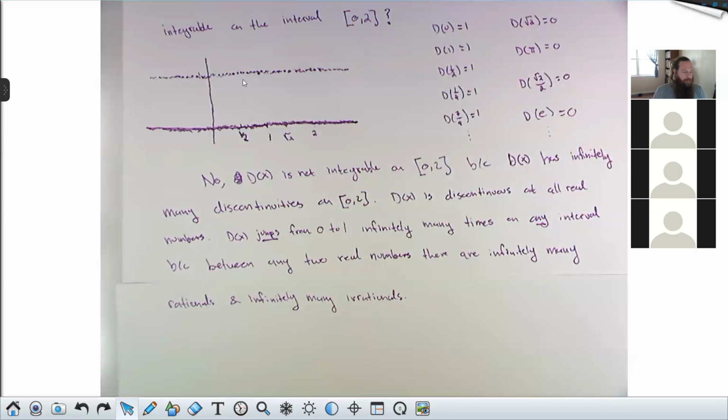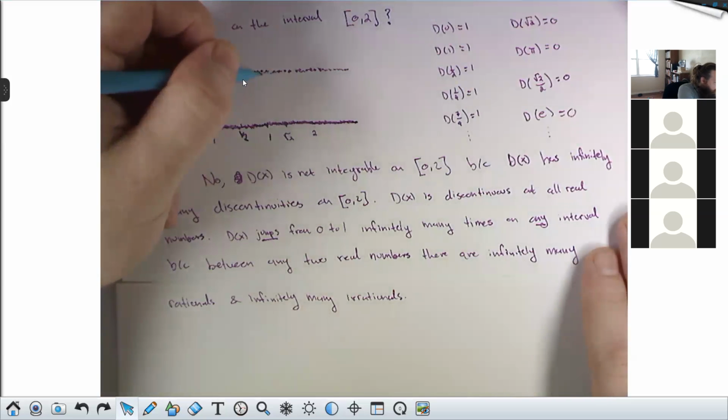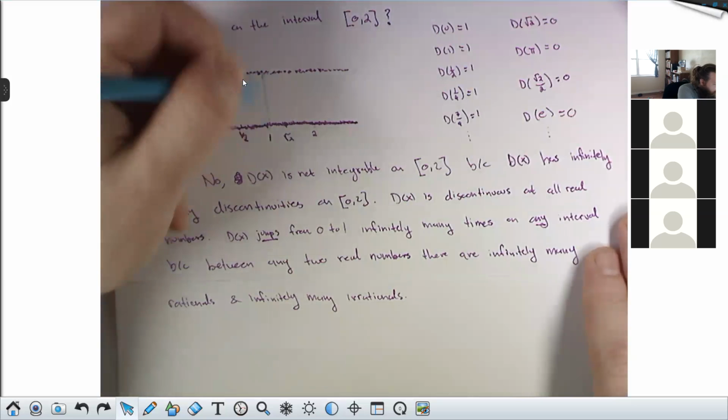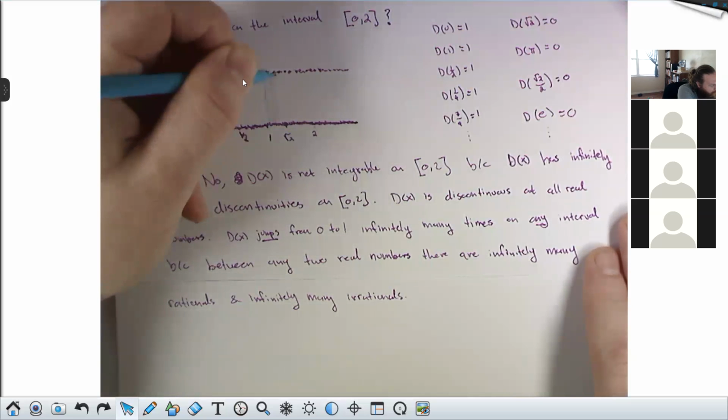If you wanted to try and picture the area, I don't encourage you to draw what I'm about to draw, but if you try to picture the area, it would look like dropping down from each point up here is an infinitely thin little line. But lines have area 0 because their width is 0.